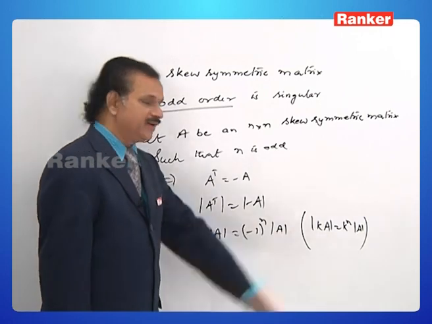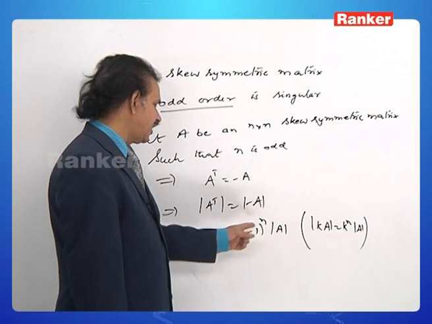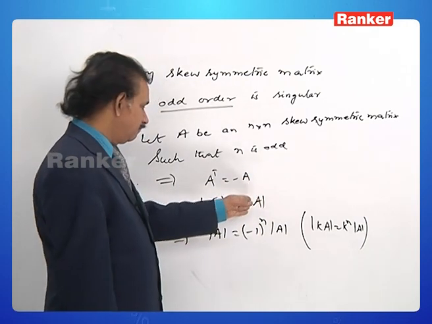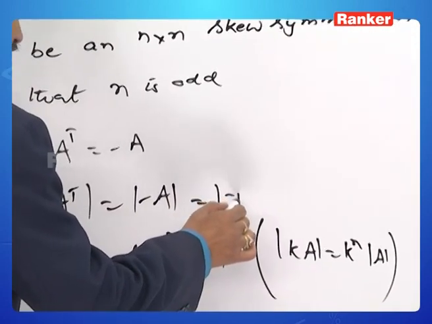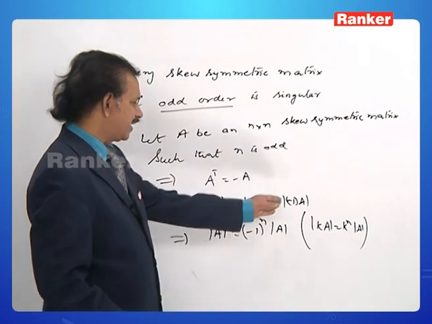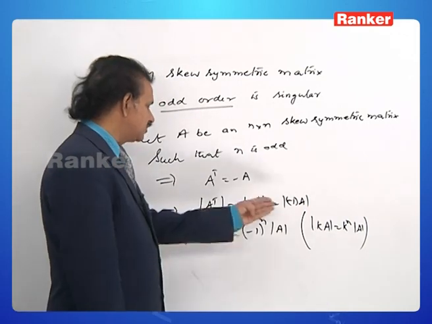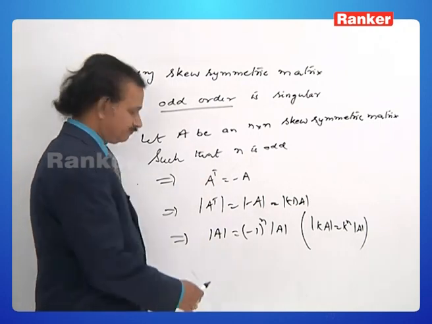So in the place of k we have minus 1 here. Det minus A is nothing but det of minus 1 into A. So it is minus 1 whole power n into det A. But n is odd.